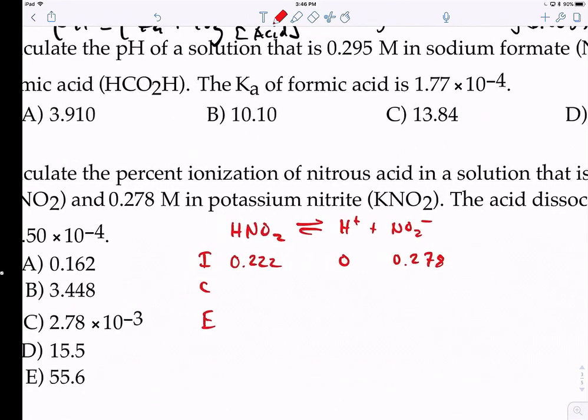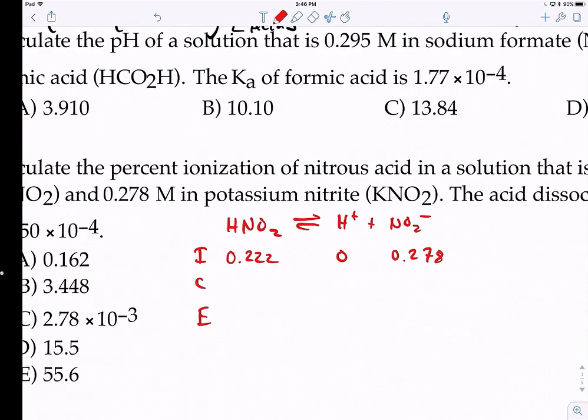So the idea here, the nitrite ion is common in this, so it has to be included in the equilibrium constant. Where do we shift? We shift right. Why do we shift right? Because of this 0. If you have a 0 on any of the sides, that's the side you shift to.